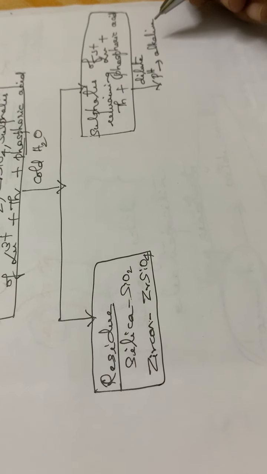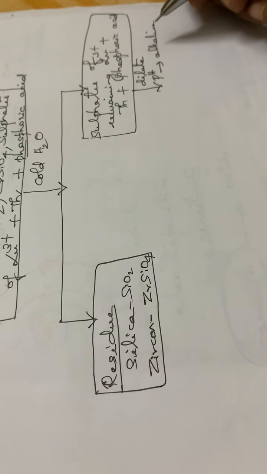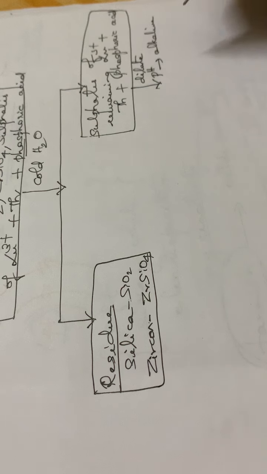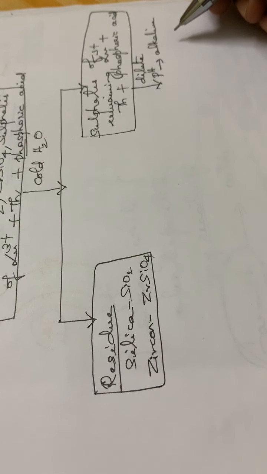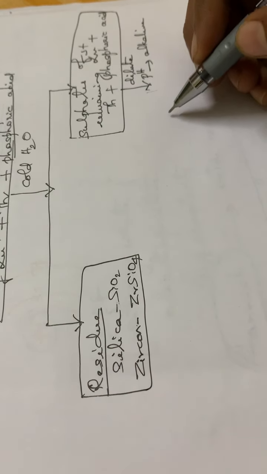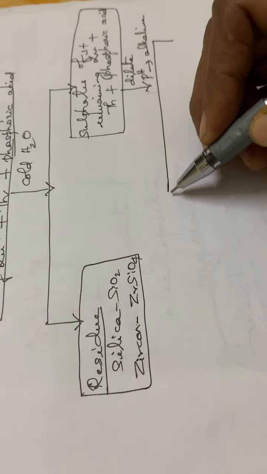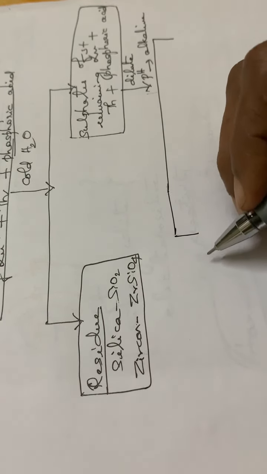So the sulfates remain in the solution, and while adjusting this pH, we will be having again two categories, that means one residue and one solution.